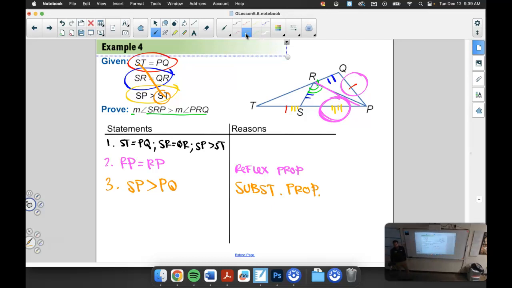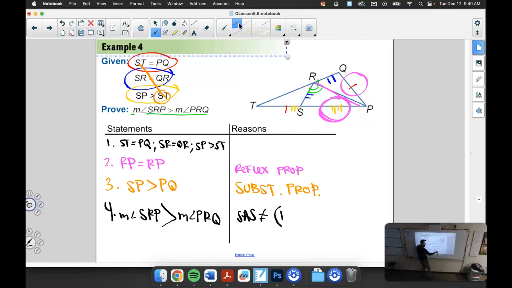And this one is not as complicated as it looks. Because now I actually have the hinge theorem, and I can say that the measure of angle SRP is greater than the measure of angle PRQ because of the side angle side inequality, or the hinge theorem.